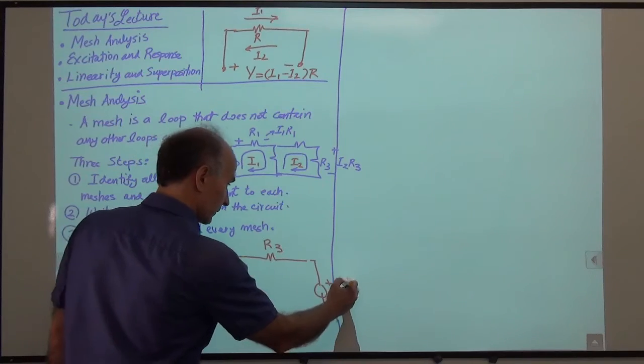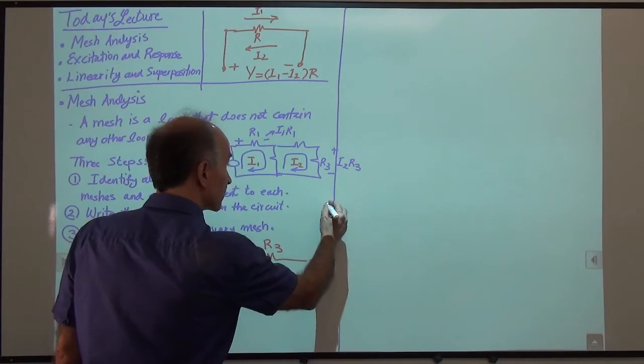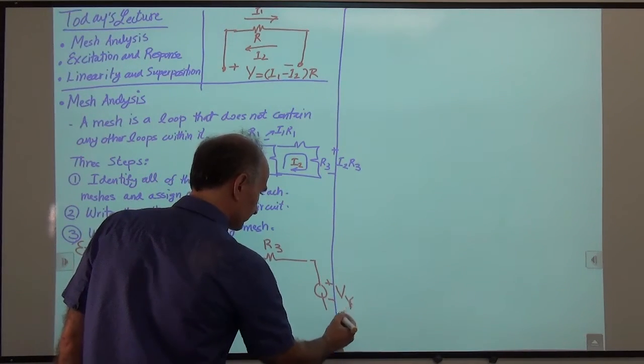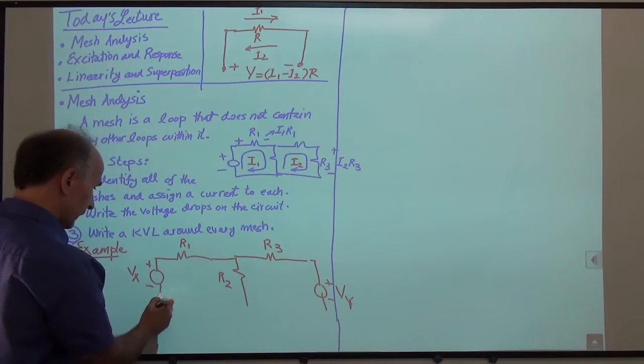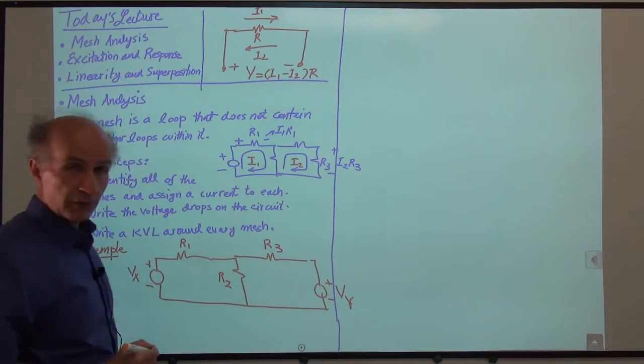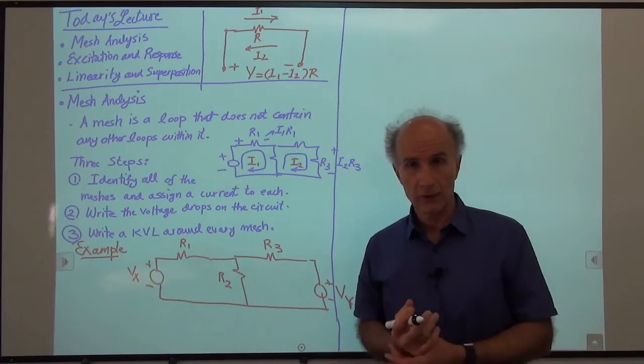All right, Vy, and these are all connected to each other, and we would like to solve the circuit. So Vx and Vy are known, and we want to find all the currents and voltages and so on.